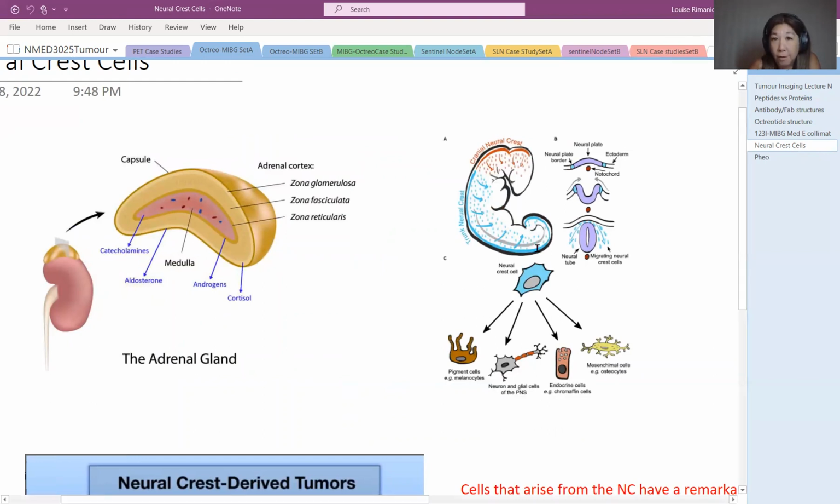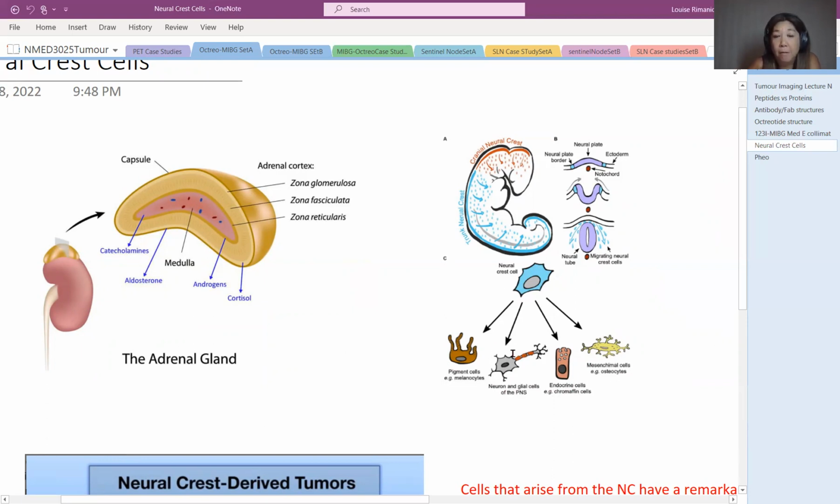This is how the neural crest cells are formed, obviously, during fetal development, and then they migrate and they turn into various types of cells, including the melanocytes, various neural cells, a number of endocrine cells, such as those chromaffin cells, as well as mesenchymal cells, including osteocytes.